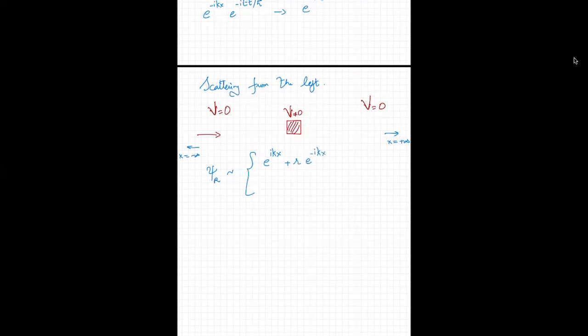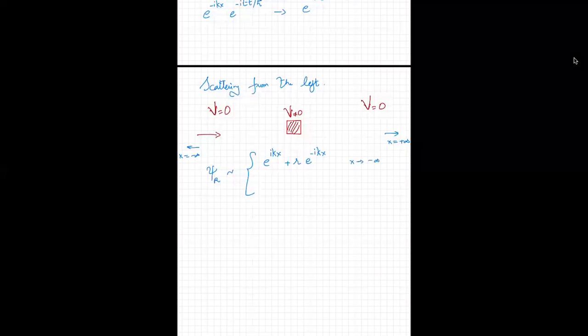Now, the reflected wave also has the same momentum k because of energy conservation, because it's going to come in with some kinetic energy h bar squared k squared over 2m, and it's going to go back far enough away from the potential. It is still going to be a free wave with the exact same kinetic energy h bar squared k squared over 2m. Okay, this will be the story in the x tending to minus infinity region.